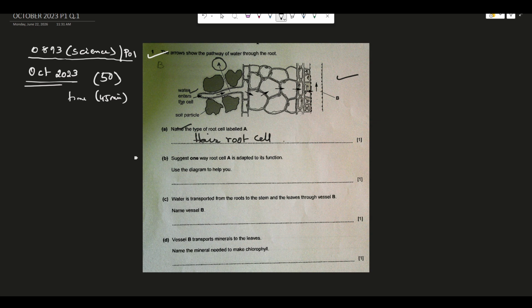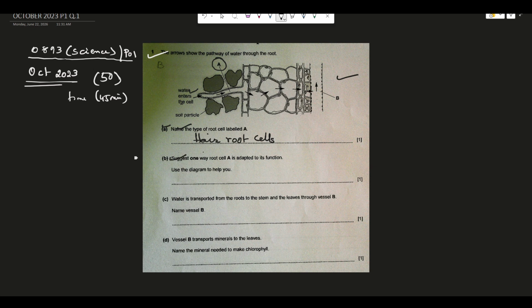Now in the roots of the plant, you will have something called hair root cells, plural. Then next is B. B says suggest one way root cell A is adapted to its function.